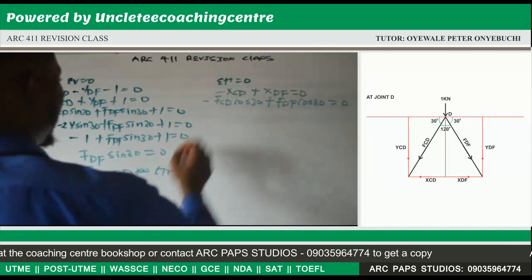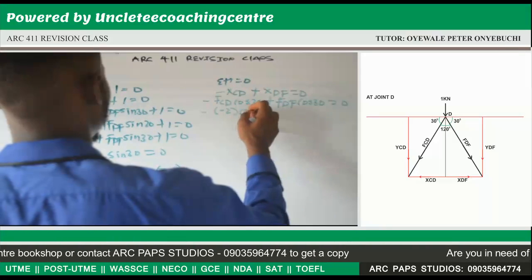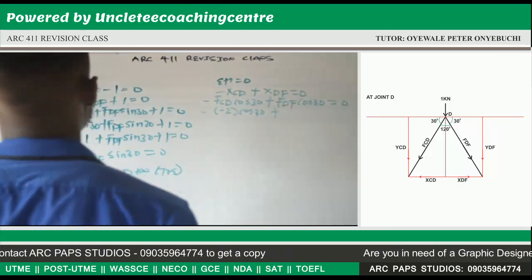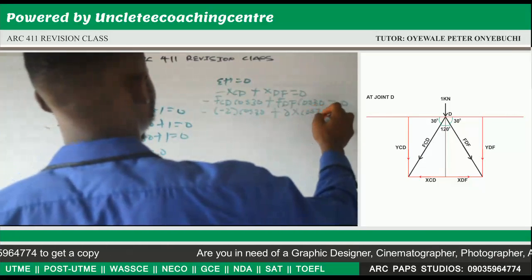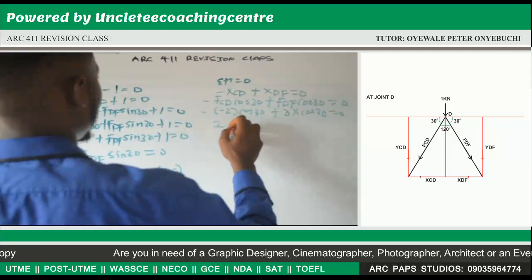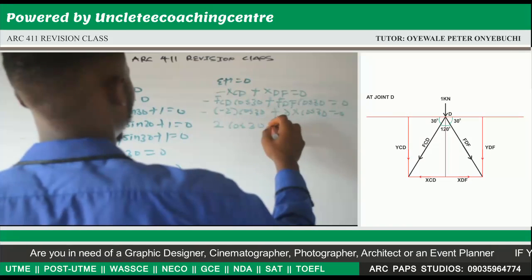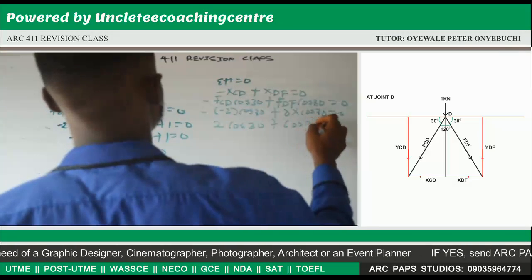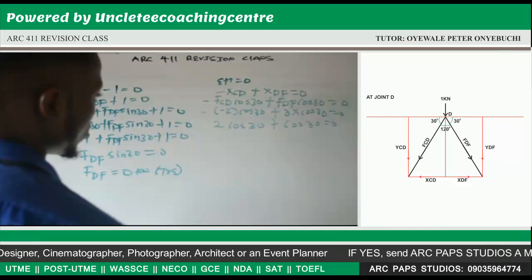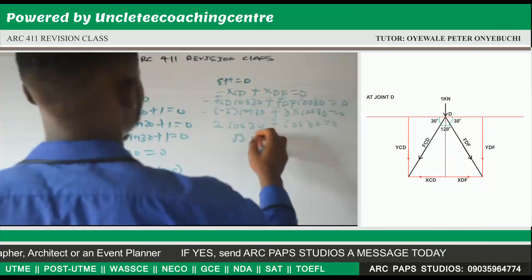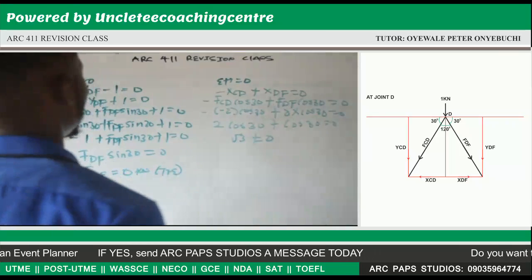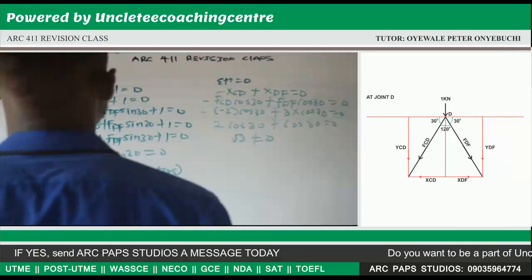We have gotten our FCD to be minus 2, plus our FDF is 0. So 2 cos 30 plus cos 30 will give us root 3, which is not equal to 0. It means it's not at equilibrium at this point. We still have to go.